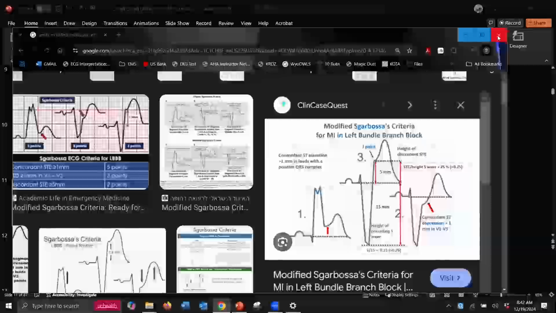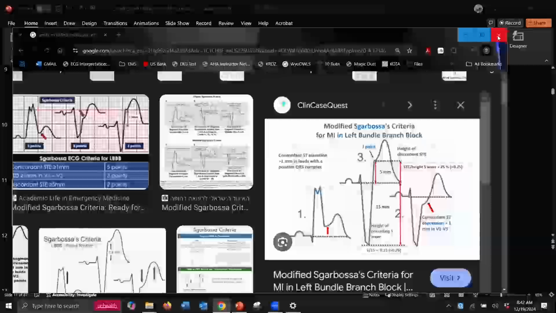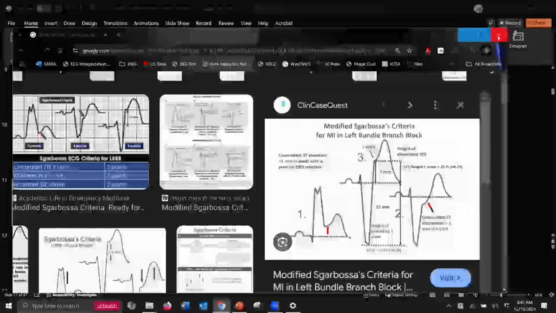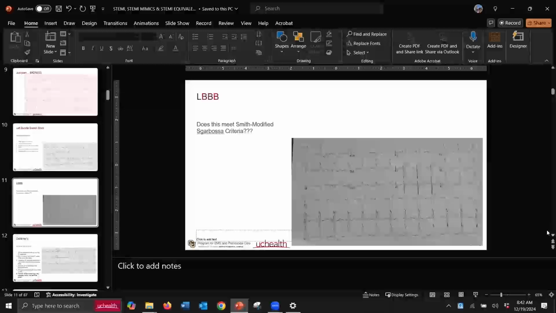So that's step one. Step two, you can have one or the other; they can be combined. And then step three is greater than 5 millimeters of ST elevation in the precordial leads. All right, let's move on. Questions about this before we move on?